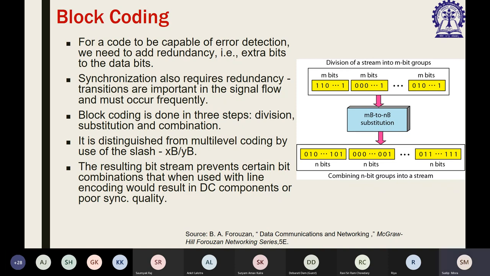So let us see how the digital data can be sent as digital signal, that we have already seen, and shortly we will see how the digital data can be sent as analog signal. The rest of the combinations we are not considering as part of this course. We are restricting it, out of the syllabus.